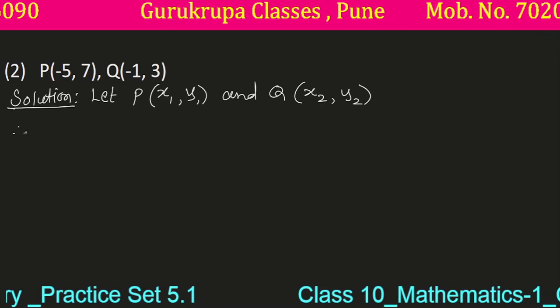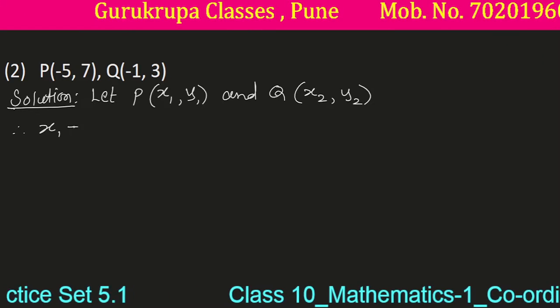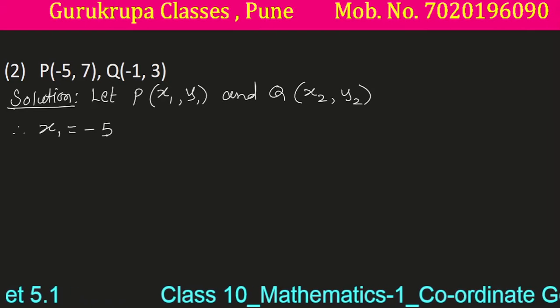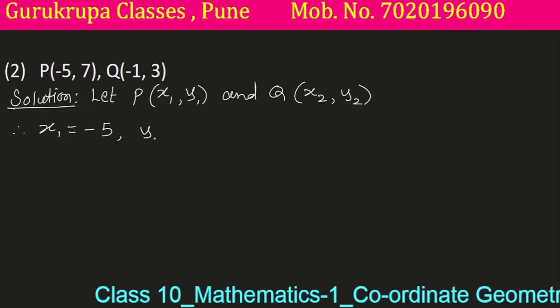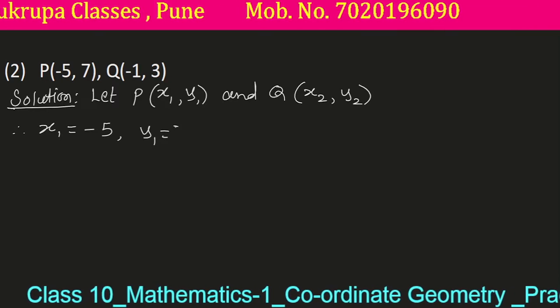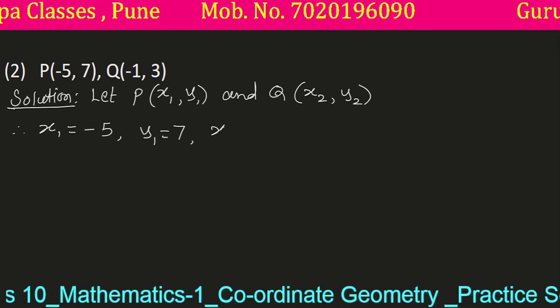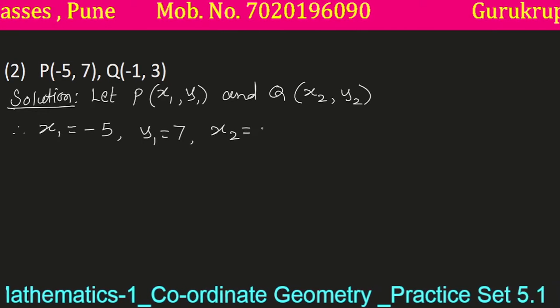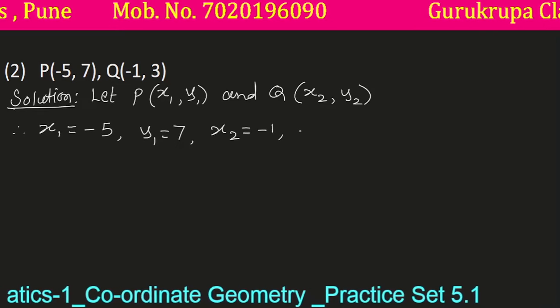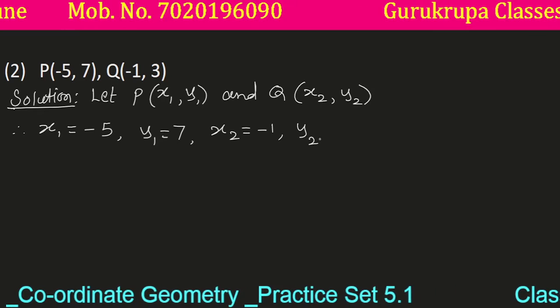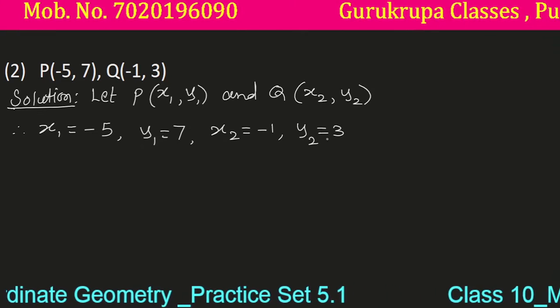So therefore we got here value of x1 is equal to -5, value of y1 is equal to 7, then value of x2 is equal to -1, and value of y2 is equal to 3.